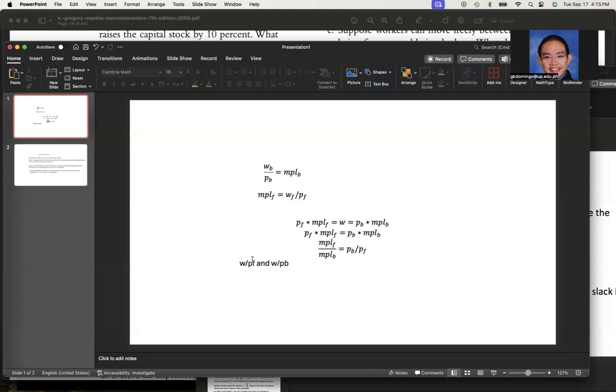And what this is saying is that W over PF must go up because PF is now smaller than before, and W over PB will have gone down because PB is higher, right? W over PB will go down because PB is higher. So your real wage in terms of food and haircuts will be different. All right.